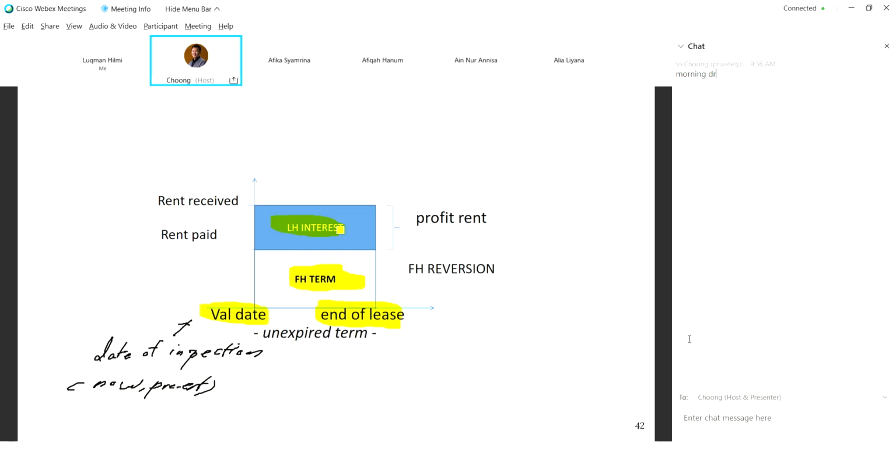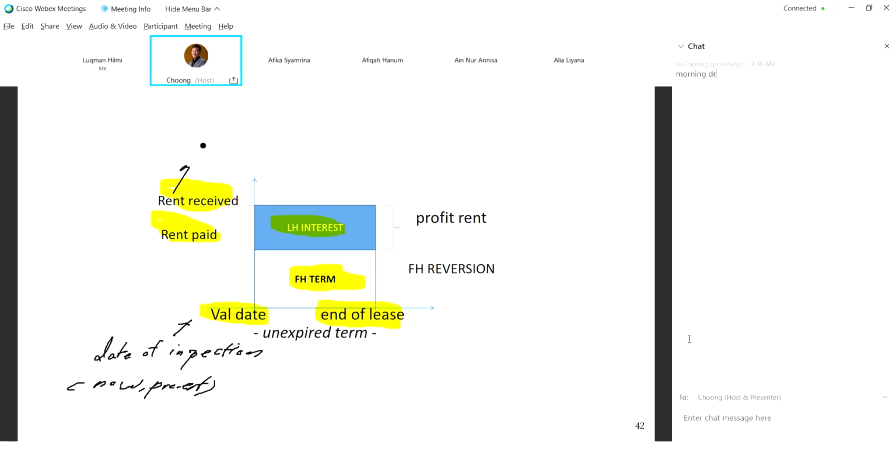Kalau dia sebenarnya dia sewa these properties at a much lower rental, so you find that they actually have a difference between the rent paid and the rent to be received. Actually, this is what we call the supposedly received full rental value. This is the full rental value.